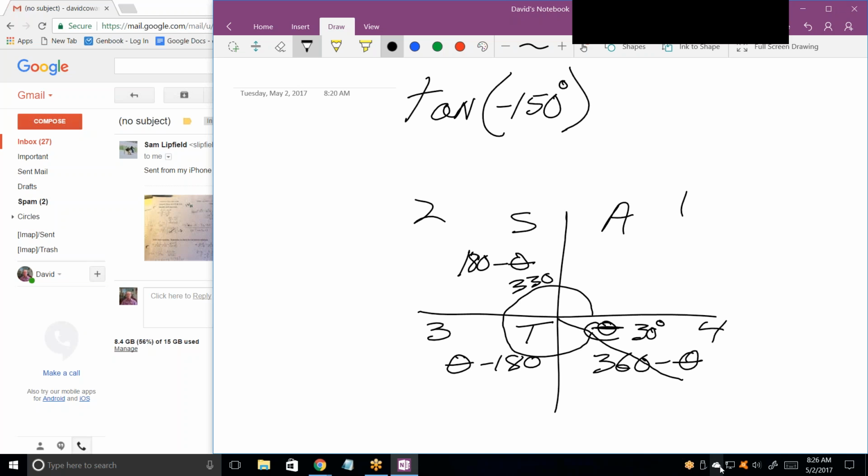There's really the easy way and the hard way. I'm going to do the easy way. Recognize the property of tangent: if you take the tangent of a negative angle, it's the same as the negative tangent of the positive angle.